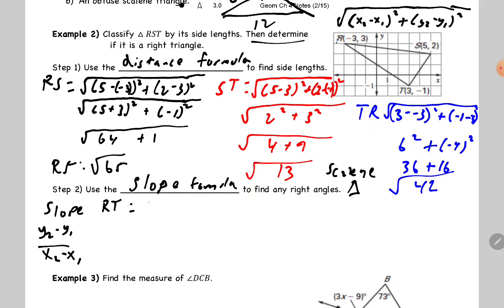I'll do top minus bottom this time. So y2 minus y1, 3 minus minus 1 over negative 3 minus 3. So 3 plus 1 is 4, and then negative 3 minus 3 is negative 6. So this becomes negative 2/3 if we reduce.